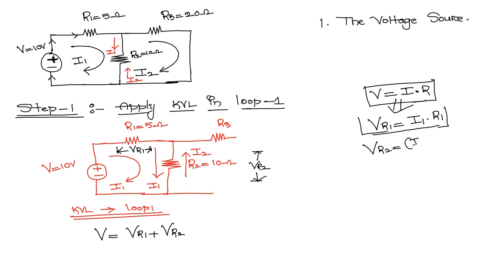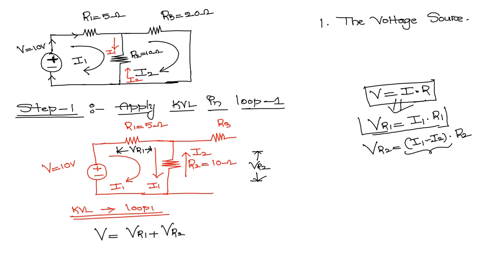Sir, why are you writing I1 minus I2? I1 is the loop current 1 which is flowing through R2, and I2 is the loop current 2 which is flowing through R2.